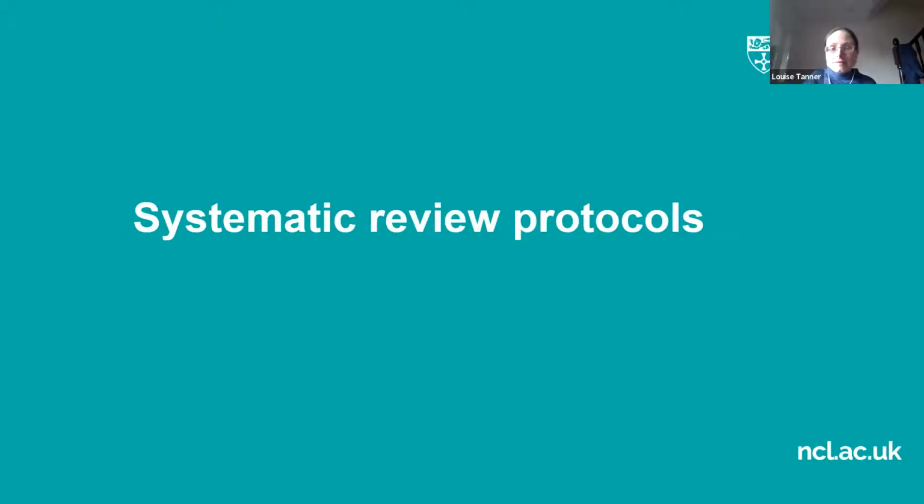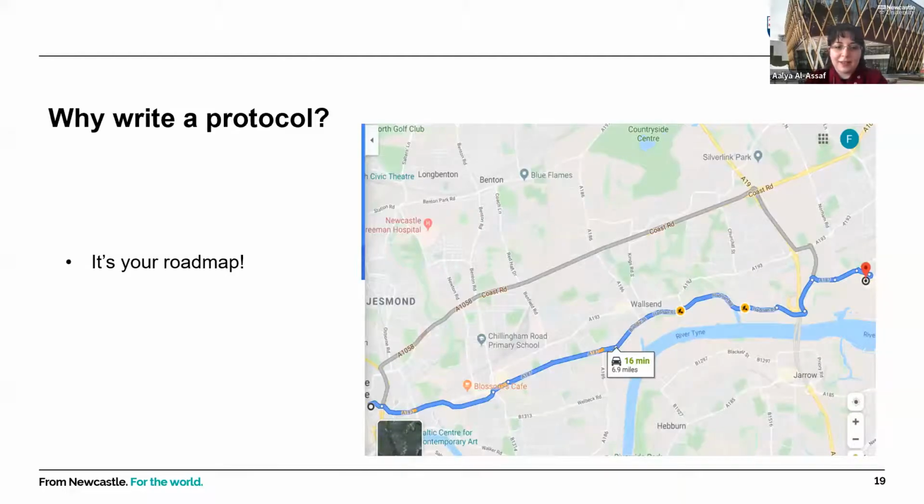Thank you. Okay, so once you have formulated your research question, you need to develop your systematic review protocol. The protocol is your roadmap that will specify what steps you are going to undertake, what clearly you are going to do in your systematic review. Can we move to the next slide, please? Yes, thank you.